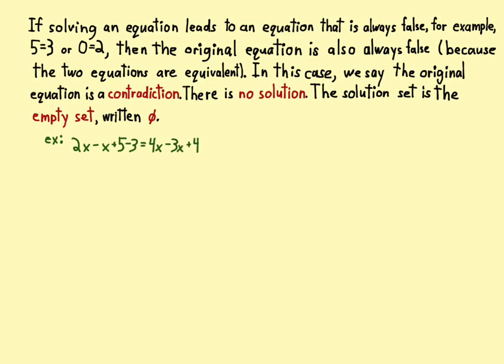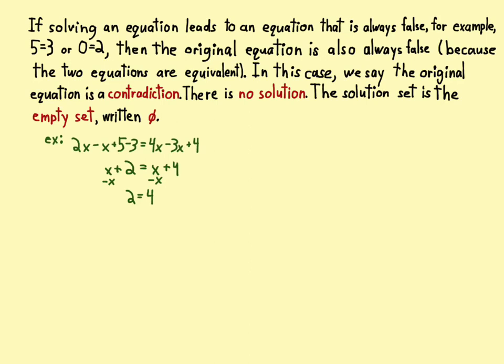So here's an example. We have 2x minus x plus 5 minus 3 equals 4x minus 3x plus 4. Combining like terms on the left, we get x plus 2. And combining like terms on the right, we get x plus 4. Subtract x from both sides, we get 2 equals 4, which is false.